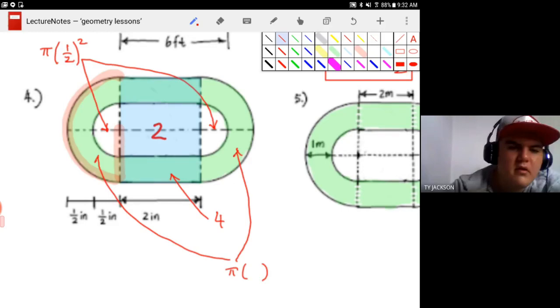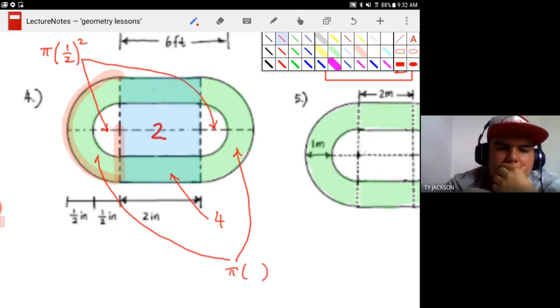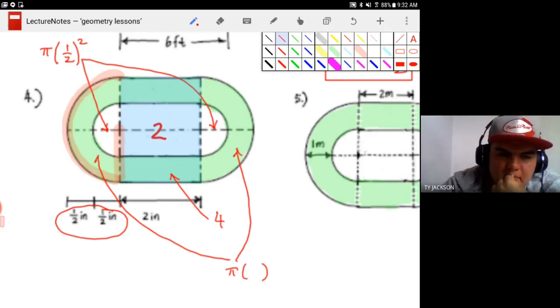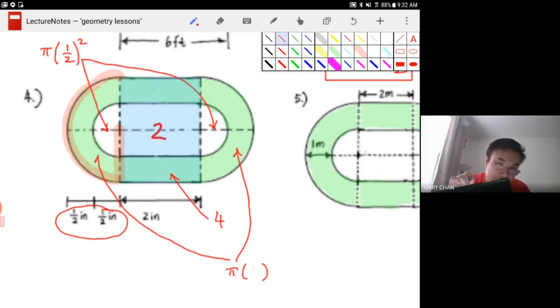Well, no, the green one, it's going to be just double that. The radius is 1. So it's pi times 1 squared.